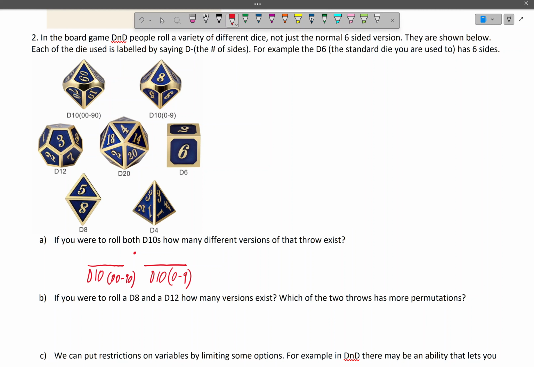Well, there's 10 sides. So it's 10 times 10, and it's 100, which makes sense because the 1 is in the tens position. How many different options in the tens position? And then the other one is in the units position or ones position. So we put those together when we want to get a percent in D&D, for example.